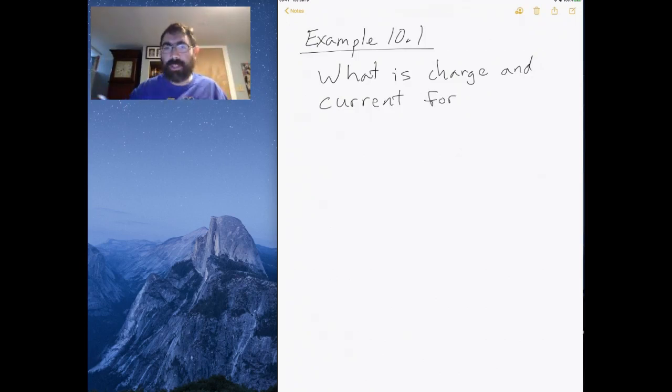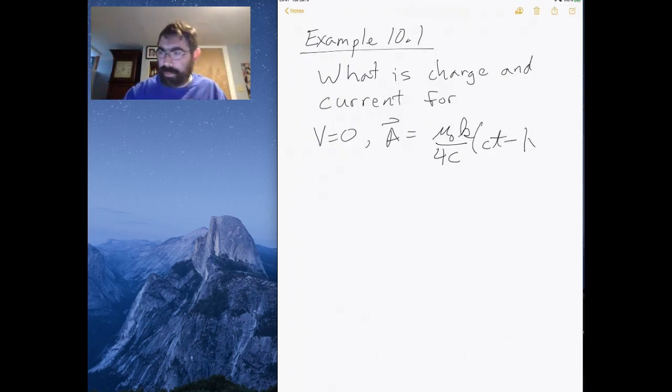for an electric potential which is 0 and a vector potential, A, that is mu 0 times some constant k divided by 4 times the speed of light c, times ct minus the absolute value of x, that thing squared, pointing in the z direction.